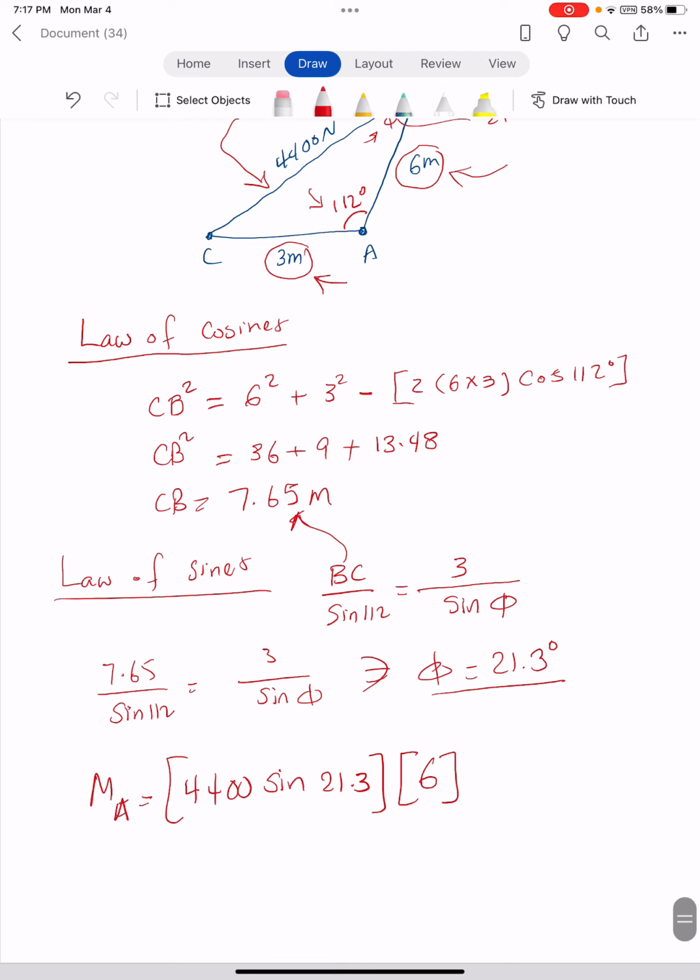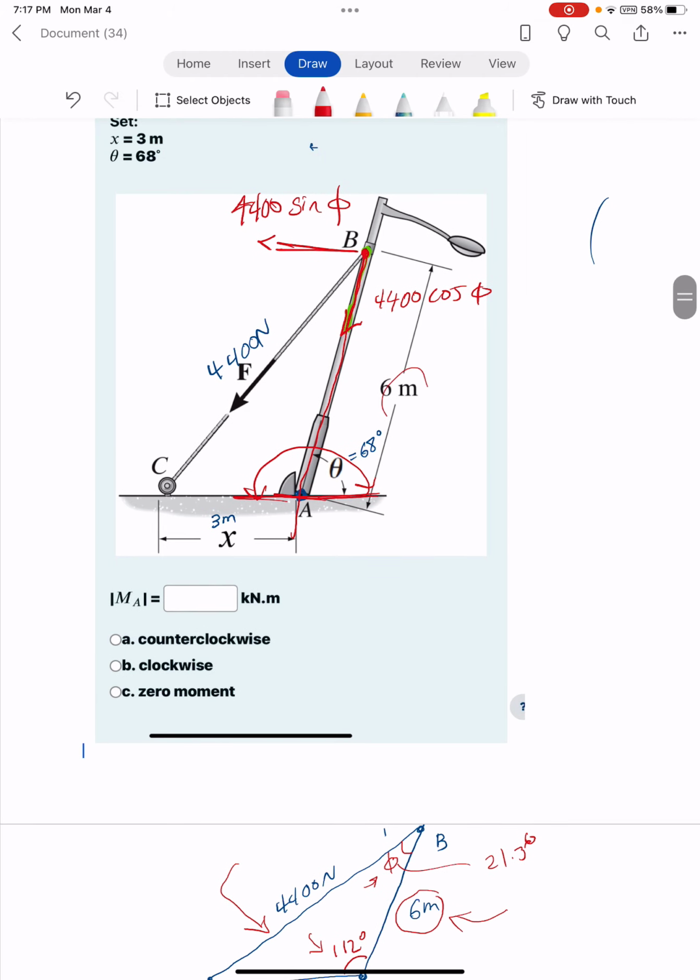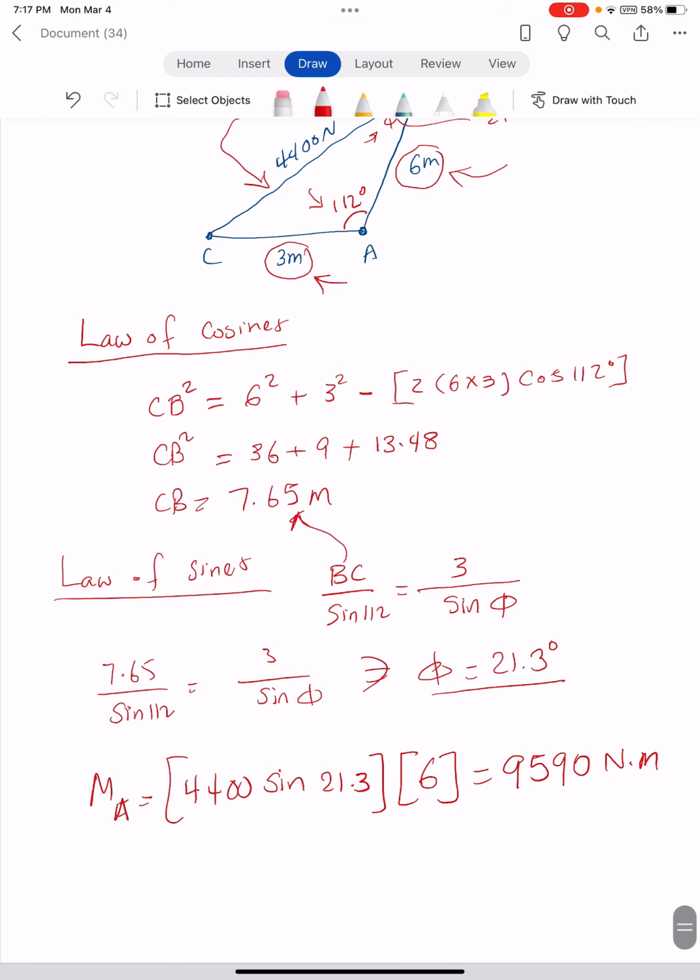So 4,400 times sine 21.3 times 6, and this would give you 9,590 Newton meter.